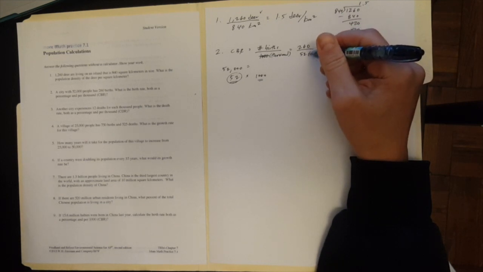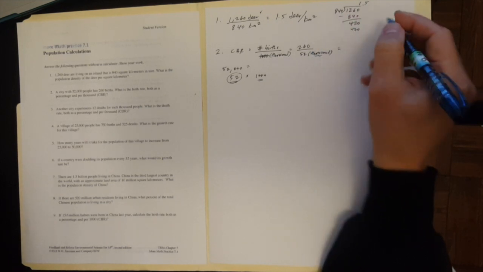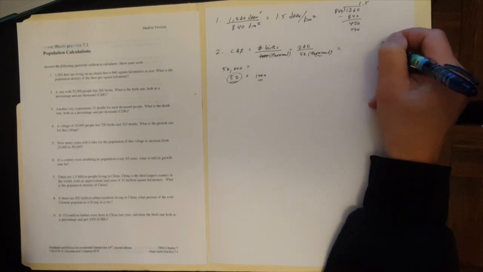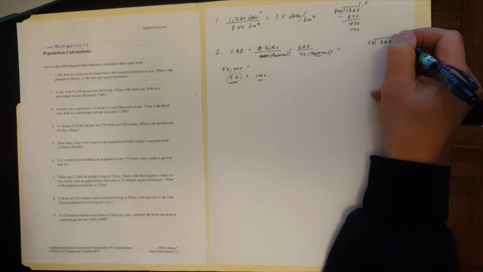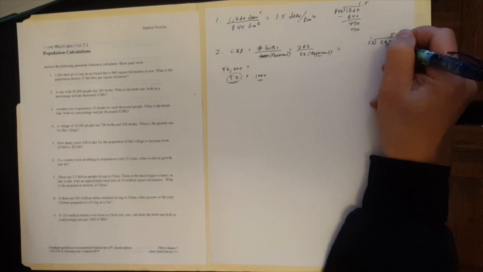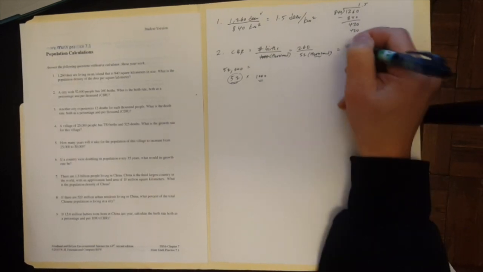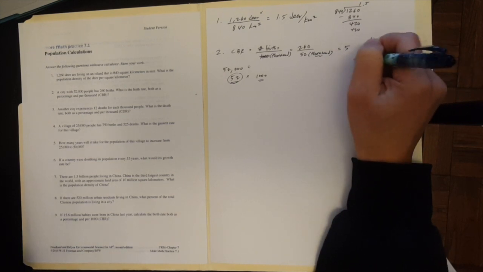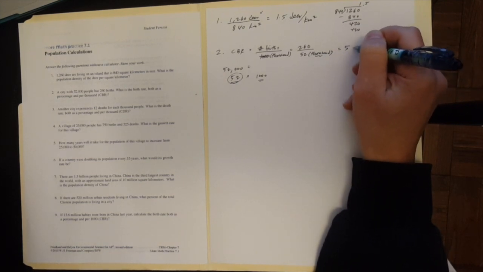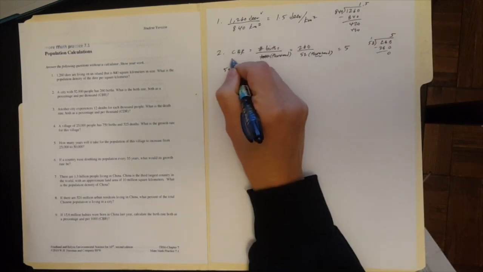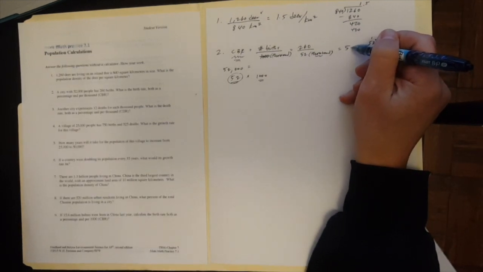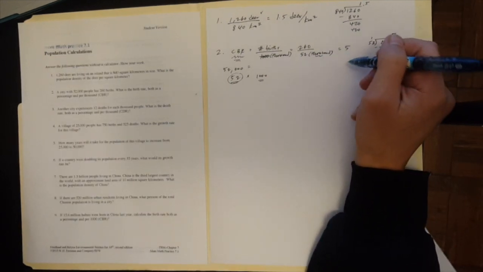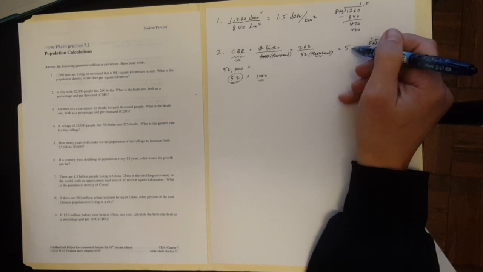So 260 divided by 52. And you'll notice this is nice and easy. 5 times 2, 26. Okay, so 5. And this is 5 per 1,000, but we don't write it that way. It's just 5. But we know when you're asked for CBR, and there's a number, that's per 1,000 in the population. For every 1,000 people in that population, there's 5 births.